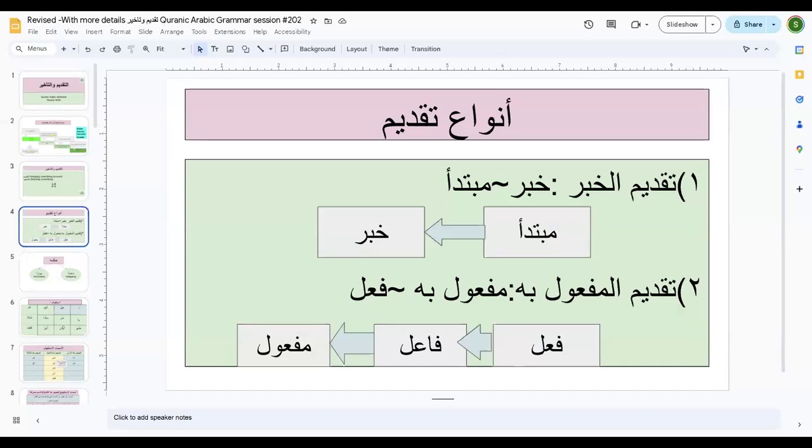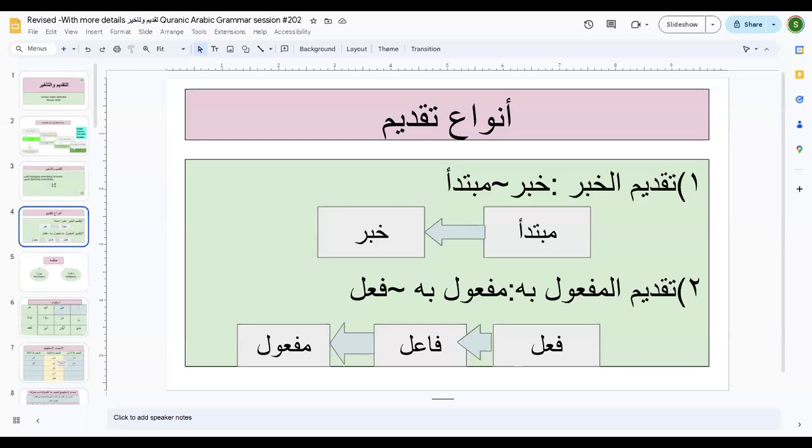So the second type of taqdeem is taqdeemul maf'ul bihi. In a regular jumlatul failya, you have your fail, your fa'il, and your maf'ul bihi. But when there is taqdeemul maf'ul bihi, what do you expect to see before fail? You are going to see maf'ul bihi before your fail.